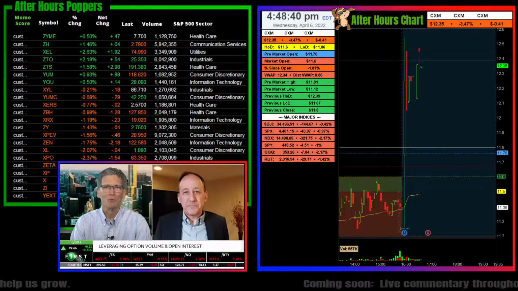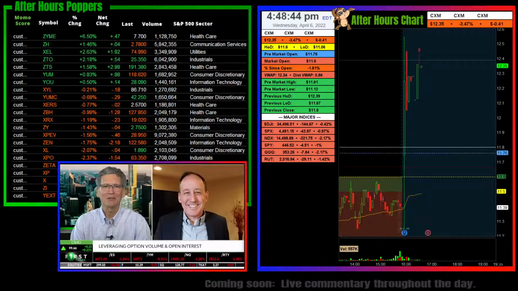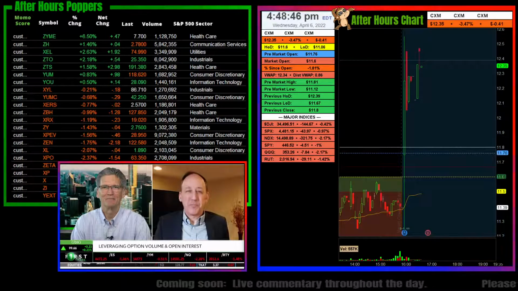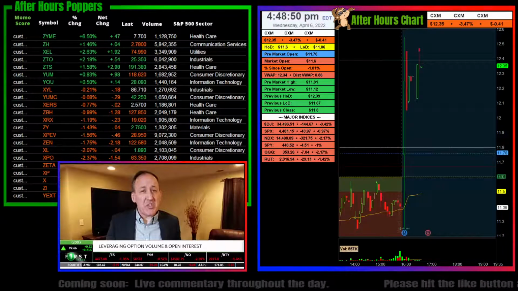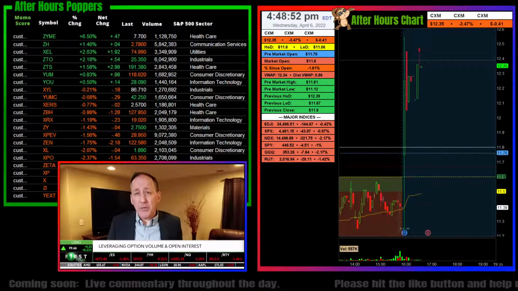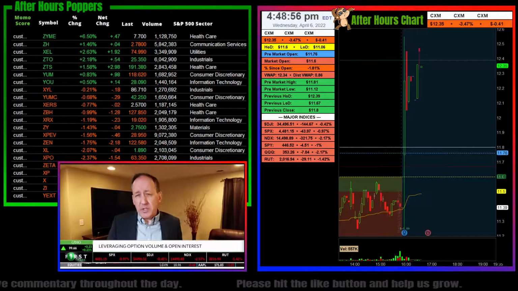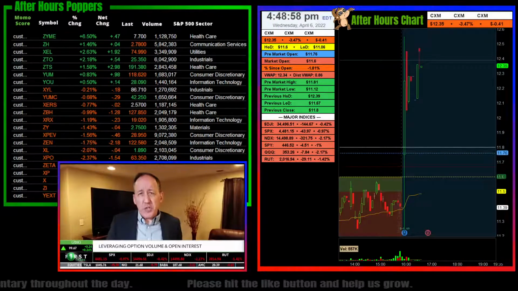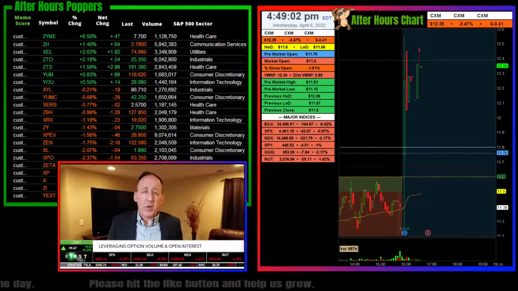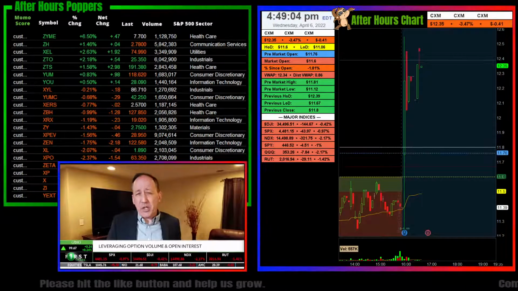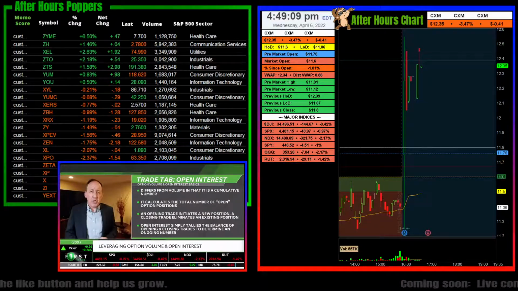Now, let's move to the one that's a little less clear for many traders, John, and that's open interest. Bring us up to speed on this one. Yeah, so this is a different animal. Unlike stocks, options don't last forever. They're created as well as they're closed out. And so this is where open interest comes in. Open interest differs from volume in that it's a cumulative number. Over time, it calculates the total number of open option positions.